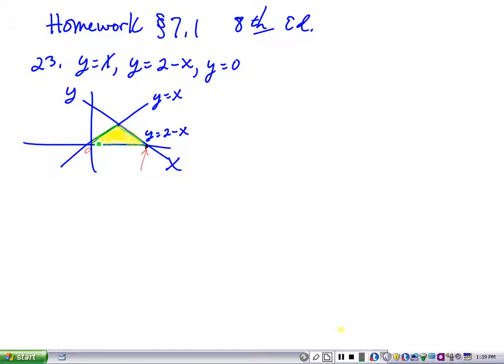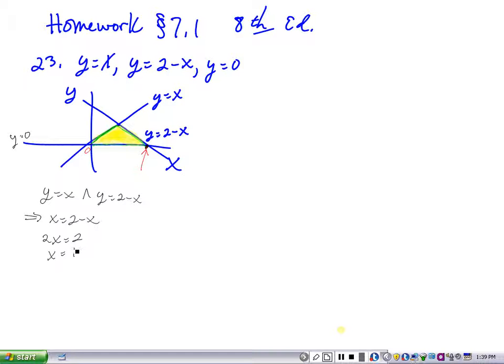So we have a bounded region, and we solve now for the values for x which we want to integrate. This is the line y equal to 0. So we set the two equations equal. We have y equal to x and y equal to 2 minus x. So this implies that x is equal to 2 minus x. We get 2x is equal to 2.